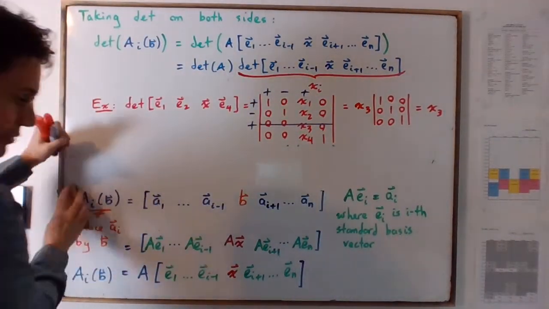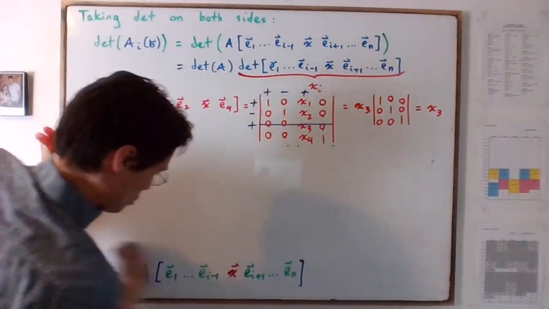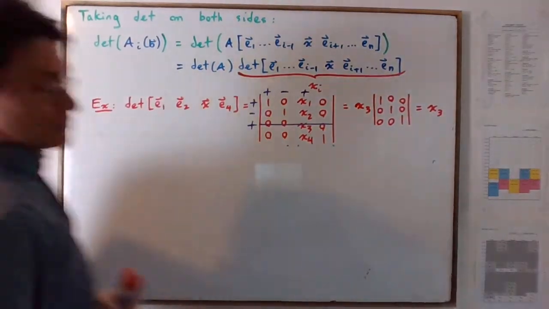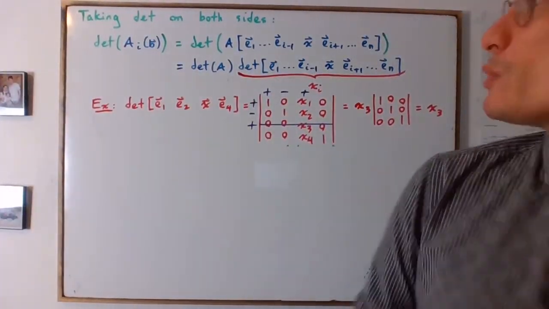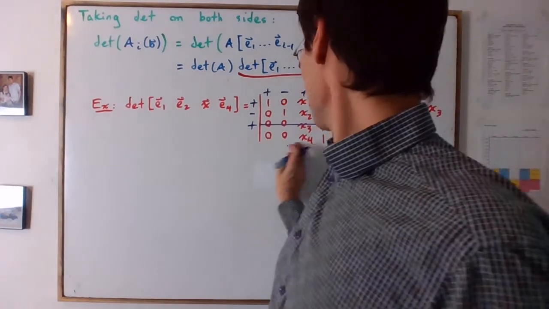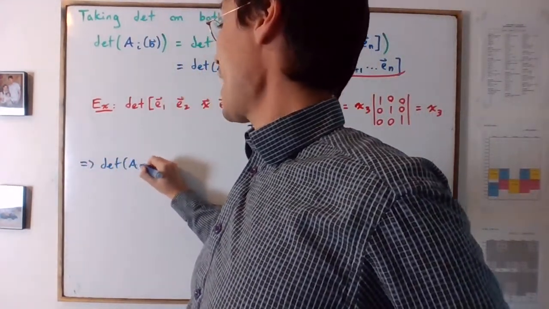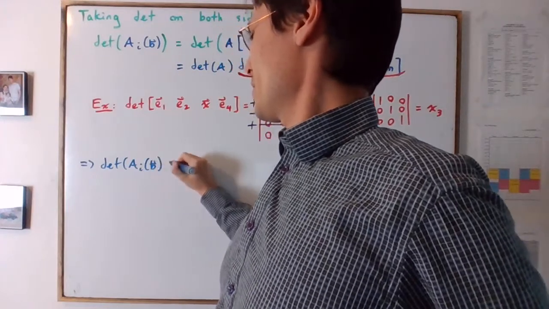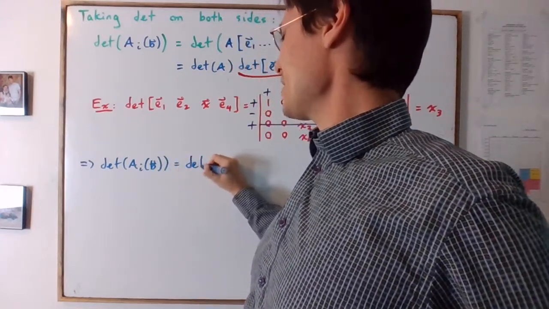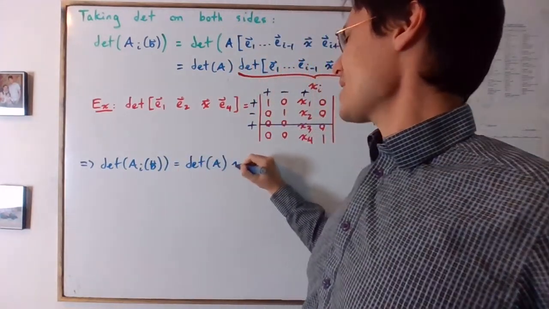Okay, so I'm just going to erase this. So what did we prove? Well, we proved that the determinant of A_i(B) is equal to the determinant of A times x_i.